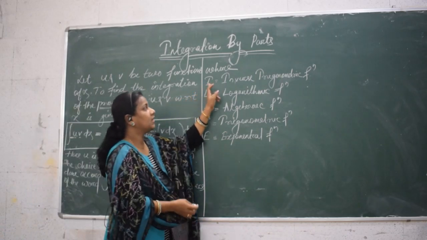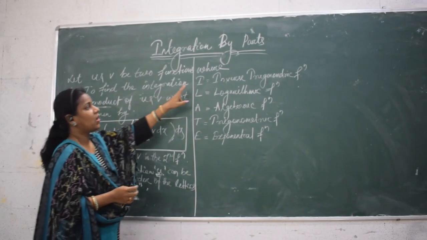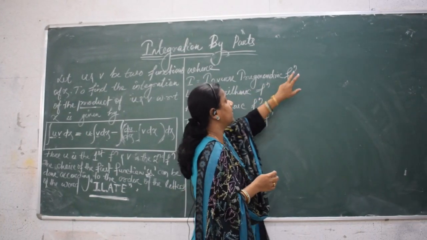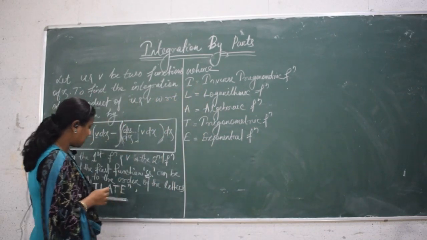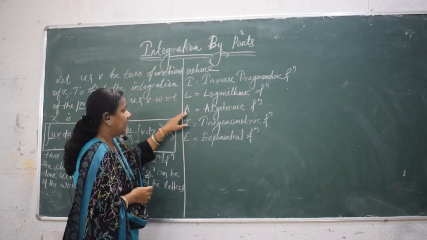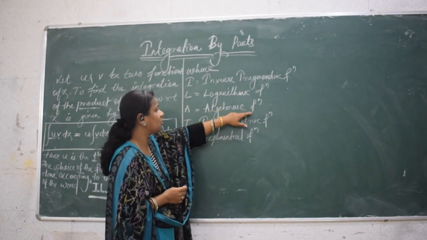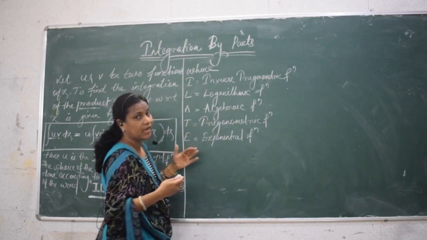Look here, I stands for inverse trigonometric function. Then comes L, the logarithmic function. A is the algebraic function. T is the trigonometric function; you know the trigonometric functions sine, cos, tan.